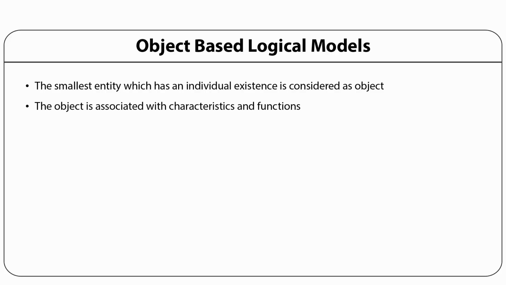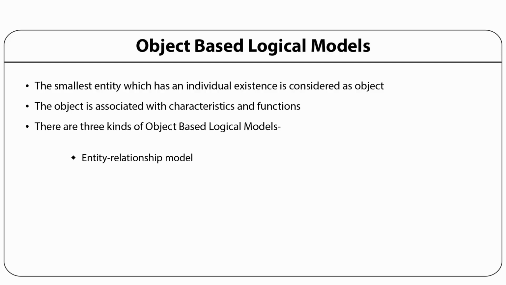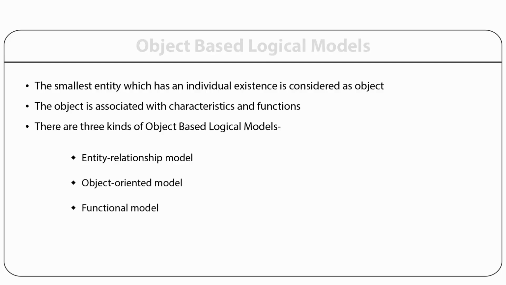That means each object will have certain characteristics or features associated with it, and besides the characteristics, the object has the ability to perform certain functions. Basically, there are three kinds of object-based logical models. The first one is the entity relationship model, the second one is the object oriented model, and the third one is the functional model.